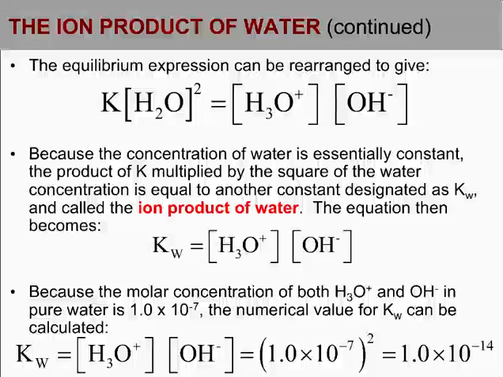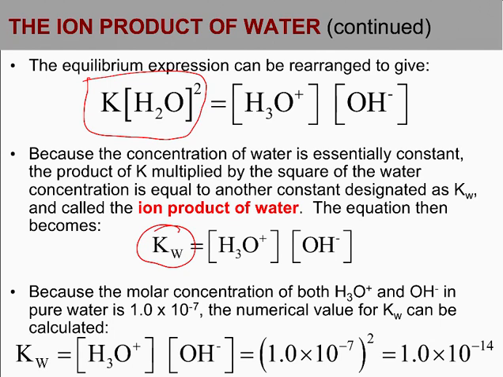So instead, what we did was we rearranged our equilibrium expression so that K was multiplied by the concentration of water squared, and that gave us our ion product of water, which is Kw.